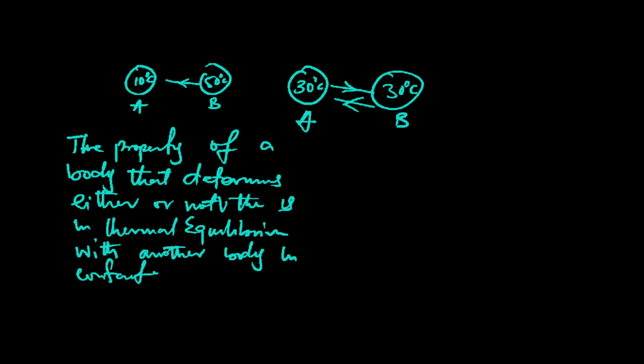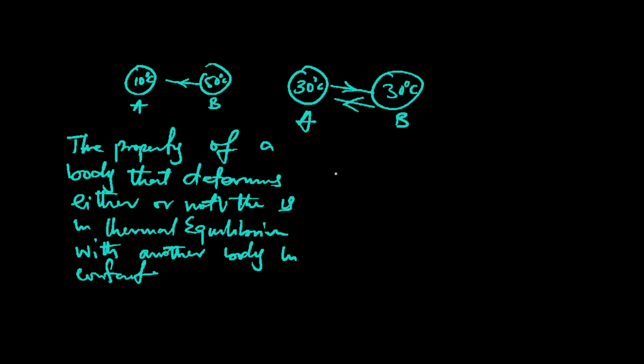So when I say a body is at thermal equilibrium, you can either say they are having the same temperature, or you say the rate at which heat is flowing between the two bodies is equal. Or you say when the net flow of heat between the two bodies is zero, or when the resultant flow of heat between the two bodies is zero, they are in thermal equilibrium.